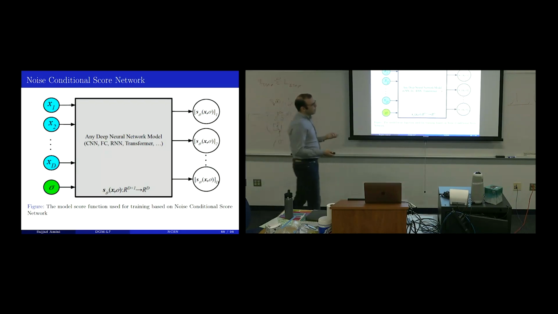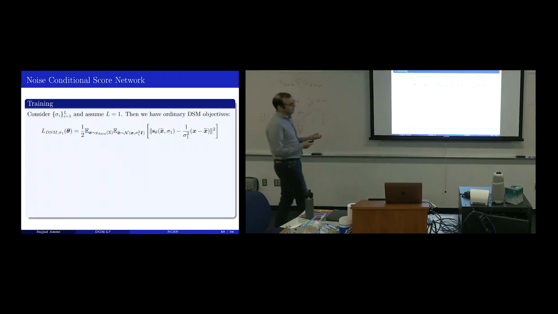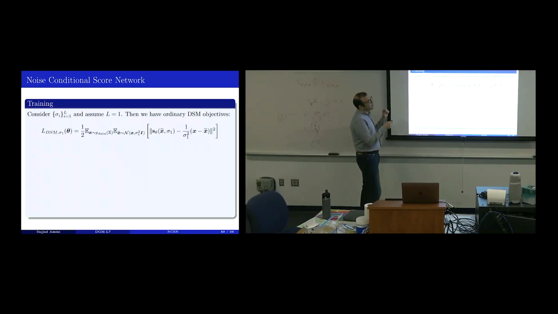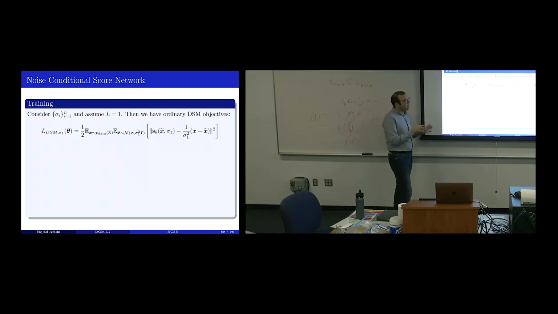Now we have the model, and we should train this model. For simplicity, assume that I have just one value of sigma. I do not have the sequence. As a result, I can easily train the model using denoising score matching. Then I have one value of sigma. We know what the learning process is.